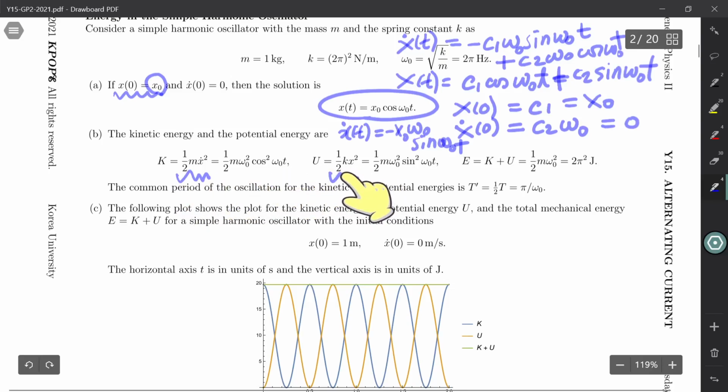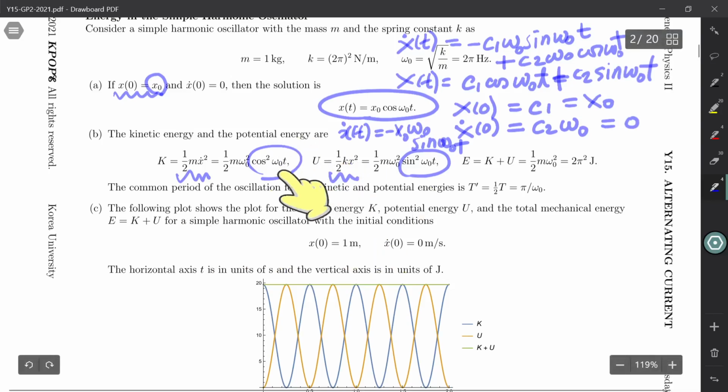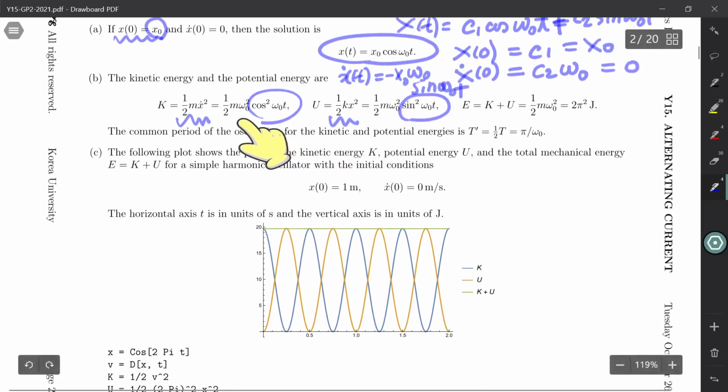The sum of these is, because cosine squared and sine squared are in phase, they have the same argument omega 0 t, so the sum is 1. So for given conditions, the sum of the kinetic energy and potential energy, that is the total mechanical energy, is conserved. If we draw a plot, we have this kind of form.